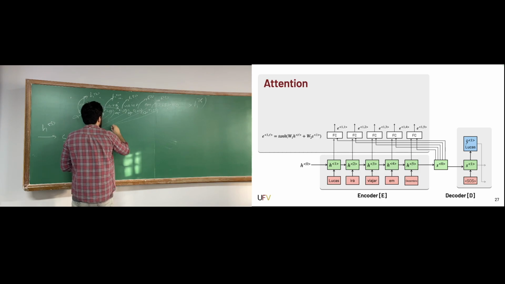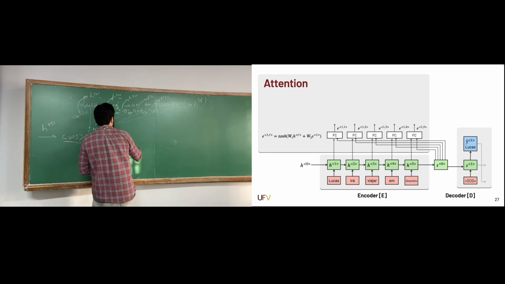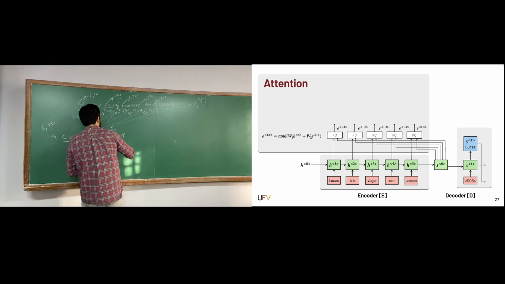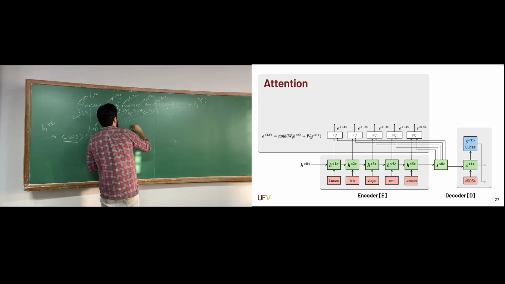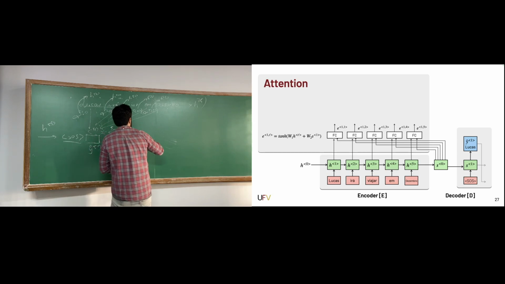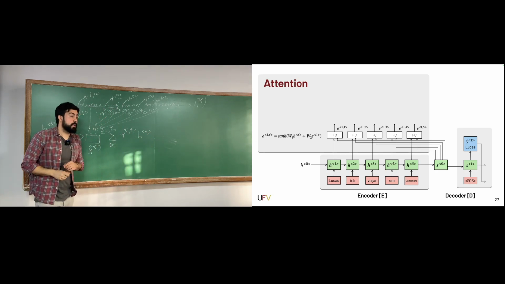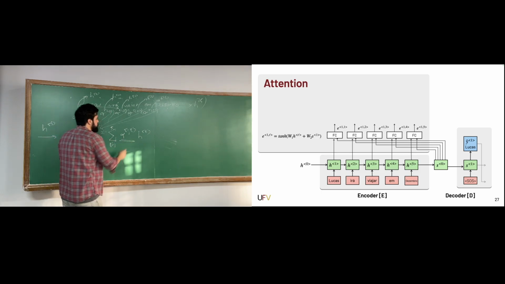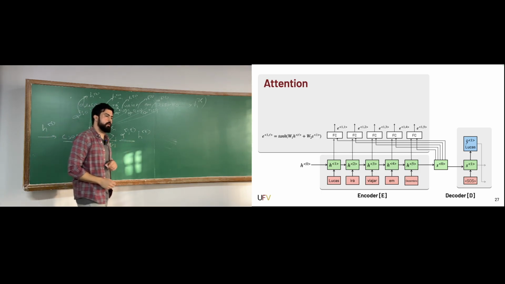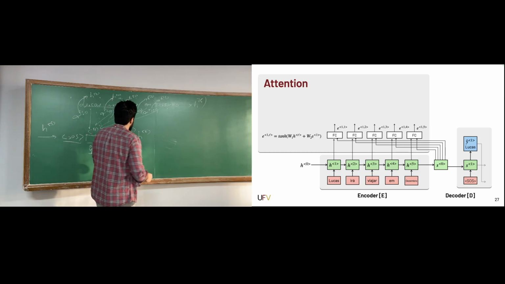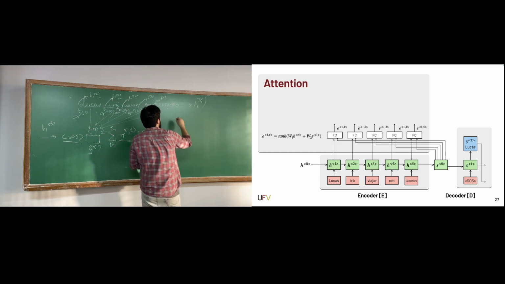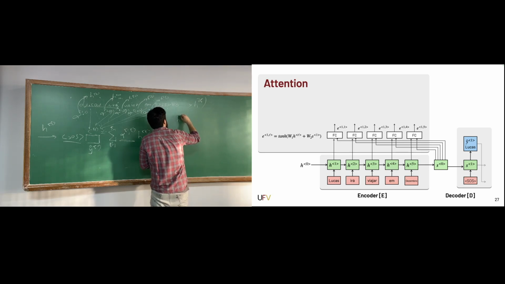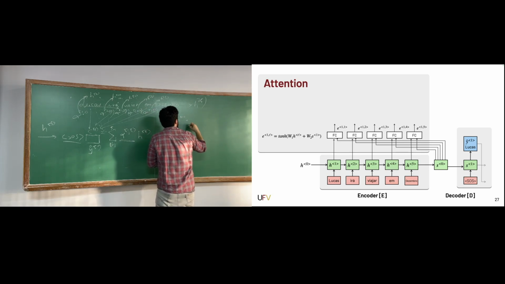So C1 is going to be something like this: the sum over i from 1 to T prime of alpha times h. Let's call this T prime, 1 to T prime, alpha, h. And I want these weights here to sum up to 1. So let me show you what we wanted. h1, let's make up some numbers here.